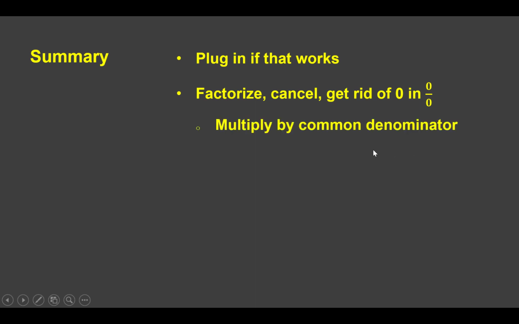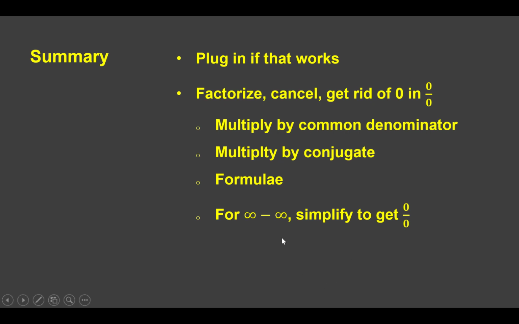And we learned a few algebraic techniques, like multiplying top and bottom by the common denominator if you have a fraction inside a fraction. If you have a square root expression in a fraction, you can multiply by the conjugate. And then we learned some formulas such as the a squared minus b squared formula.